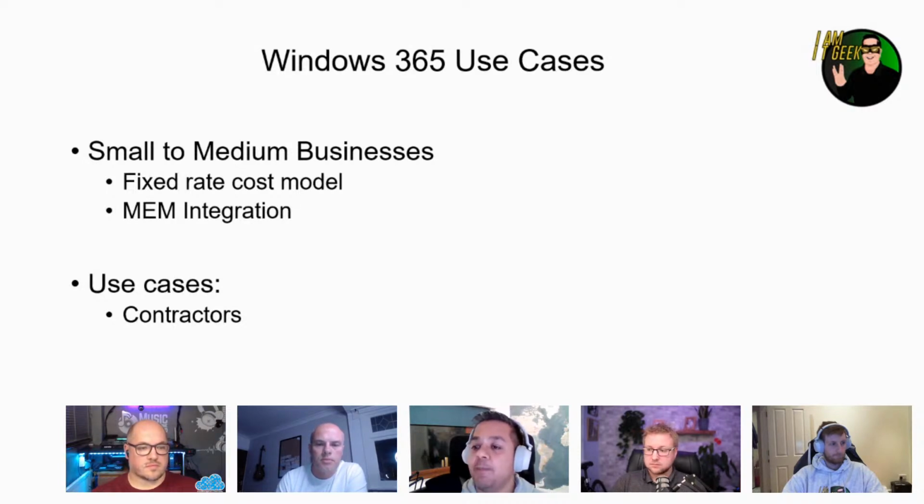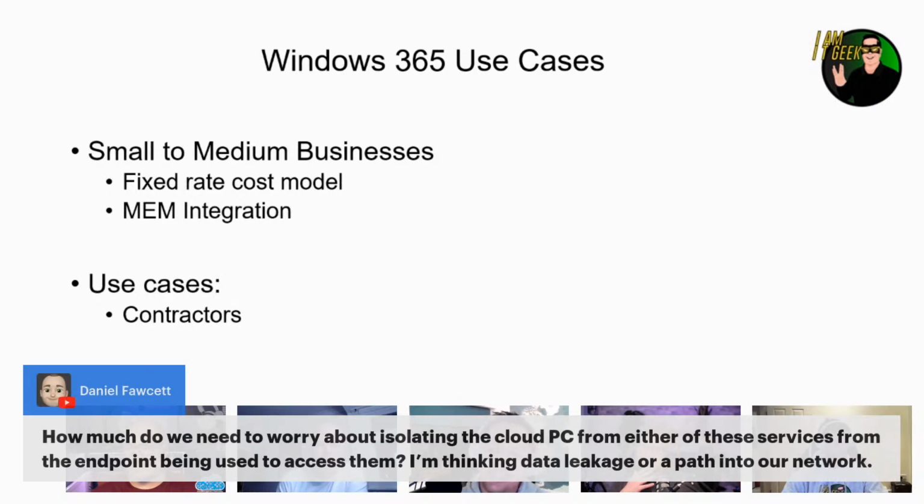From a network perspective, I suppose, is maybe the other one, with Cloud PC being a data leakage endpoint or path into our network. A site-to-site VPN would probably be how you do it in Azure Virtual Desktop. You do that site-to-site VPN, so it's encrypted in transit, encrypted at rest, and that's how you connect it into your network.